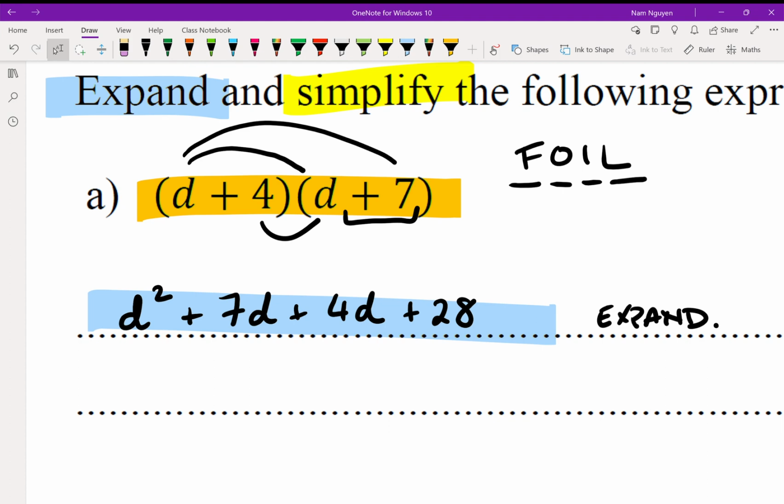So we can do that with the positive 7D and the positive 4D. Because that's just counting how many of a thing that I know is there. I don't know what it is, but I know there's 7 of them and 4 of them. So therefore there's 11 of them.